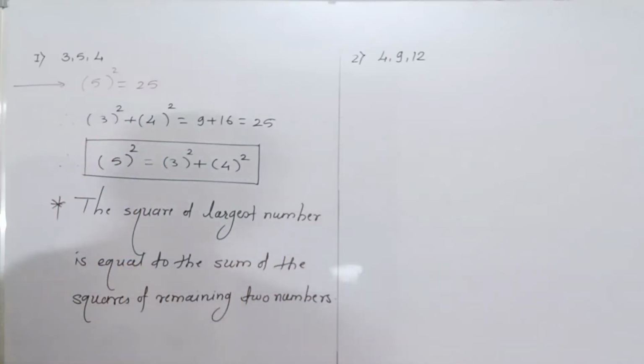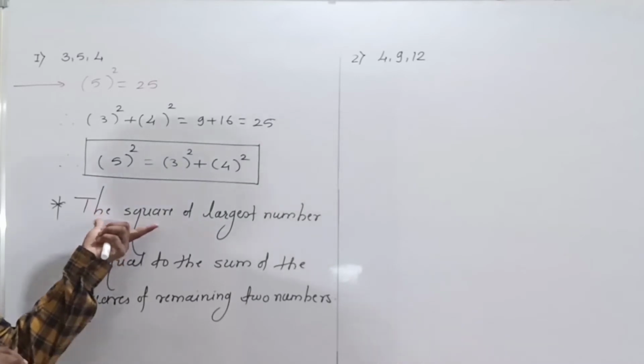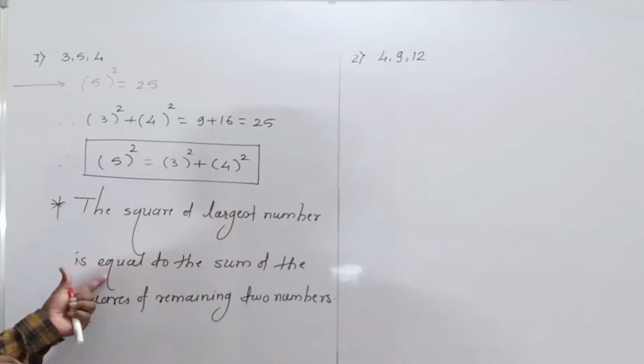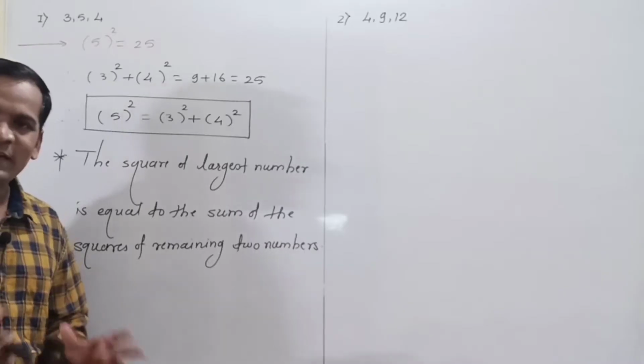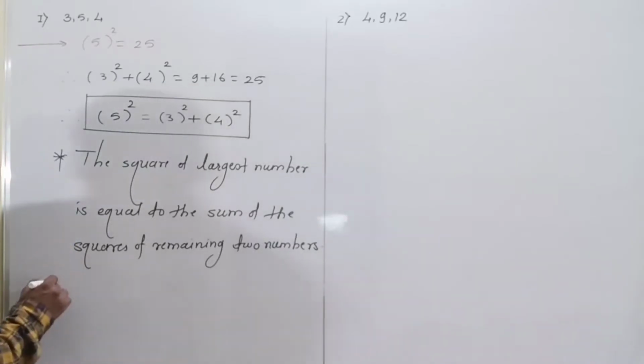Look at this. So the square of the largest number is equal to the sum of the squares of the remaining two numbers. So let's write down that answer in words here.